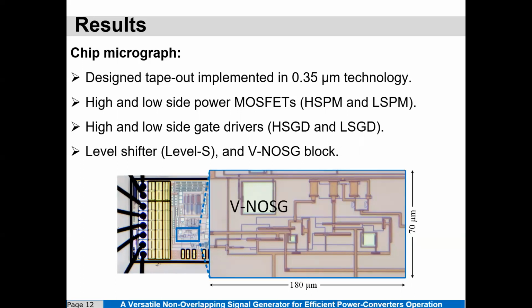The VNOSG, including two-sided biased current source, Schmitt triggers, capacitors, and transmission gates, occupies only 180 micrometer by 70 micrometer.